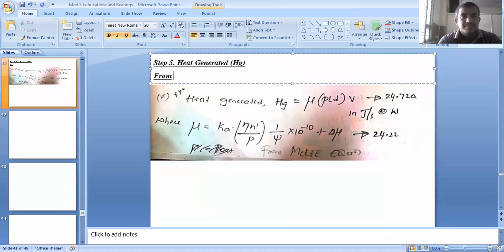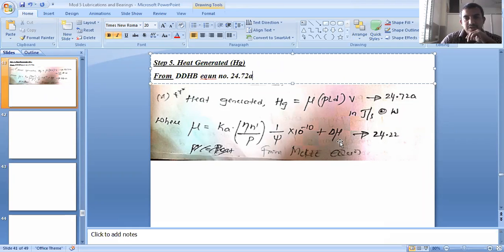Take from the design data handbook, equation number 24.72a. From equation 24.72a, the heat generated is H suffix G equal to mu into P into L into D into V. From this, the first unknown is mu. How do you calculate mu? Mu is again by using equation number 24.22.